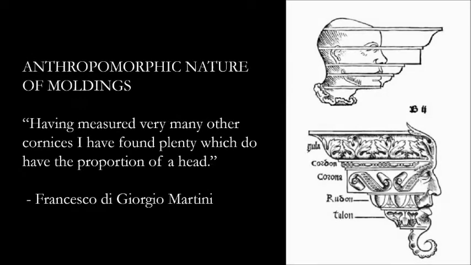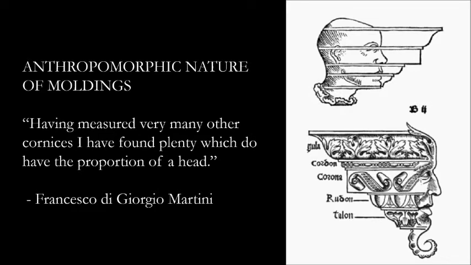As we begin to address the question about where ornament should be placed or located on a building, there are a couple of points to consider. The first off, we should be reminded that classical architecture in and of itself, whether it's the columns themselves or the moldings, they all have an anthropomorphic connection.